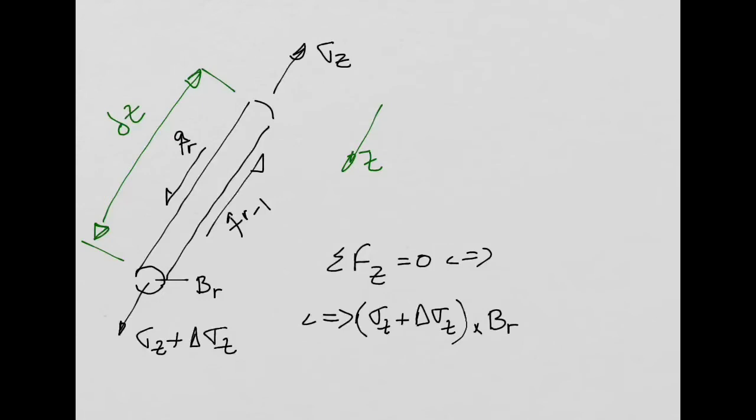This is the contribution of this direct stress. Now I have this other direct stress in the opposite direction to the z coordinate axis. So because of that, I will need to do a minus, right? And then I have sigma z. And again, I need to multiply this by the area of the boom, which is BR. Is that correct? And then I will have a force. So this is the contribution from the direct stresses.